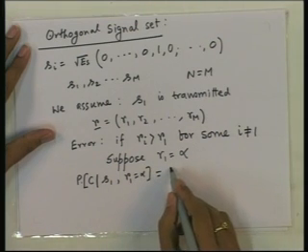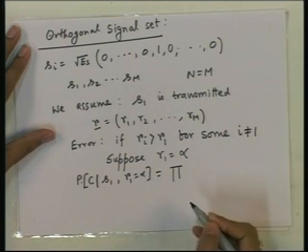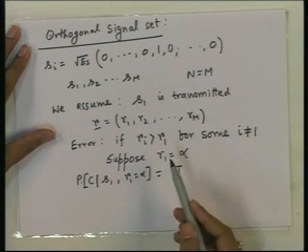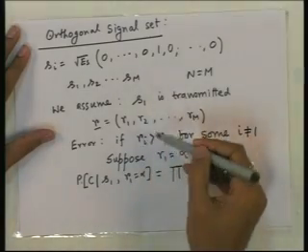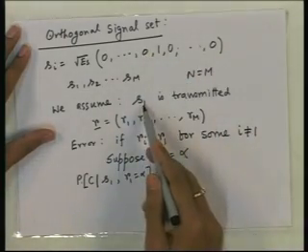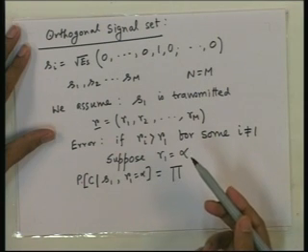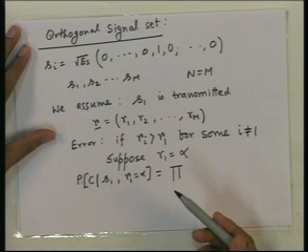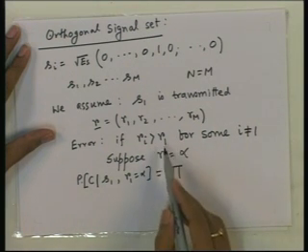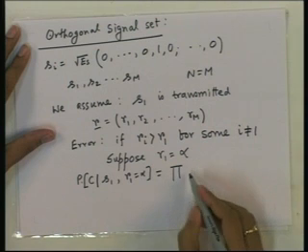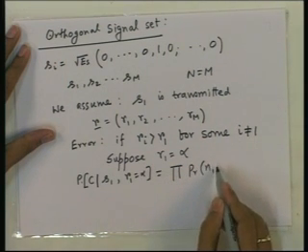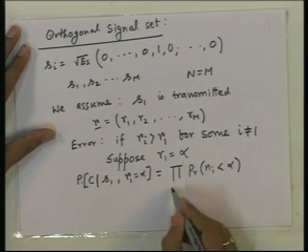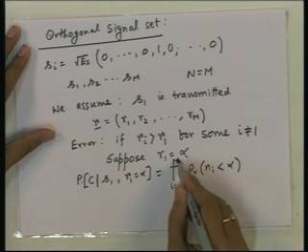For each of them, Ri must be less than R1. So, what is the probability that Ri is less than alpha? Remember that at the ith component we transmitted 0, because we transmitted the vector S1. So, Ri is basically the noise component Ni. The probability that Ri is less than alpha is the same as the probability that Ni is less than alpha, because Ri is equal to Ni for i from 2 to m.